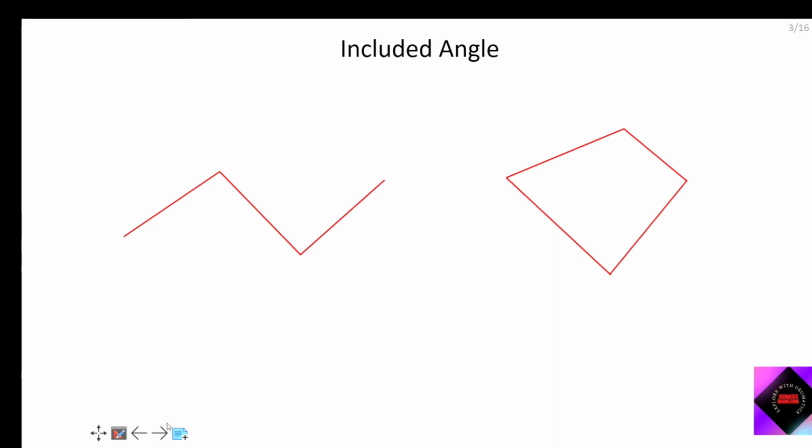So what is included angle? I am taking this example. This is our open traverse A, B, C, D, and this is another closed traverse P, Q, R, S. For example, I have done surveying.